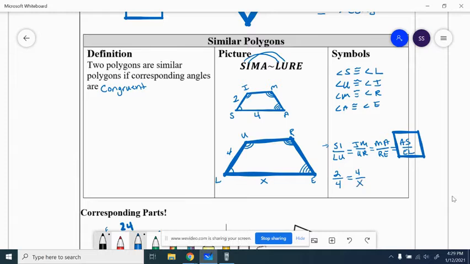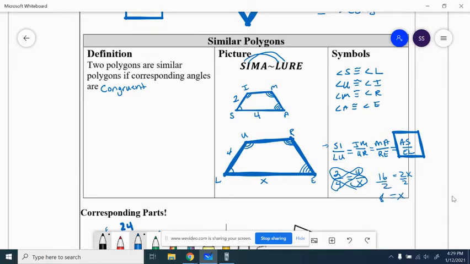So we could put an X there, cross multiply and divide, we get 16 is equal to 2x. Divided by 2, we're left with x is equal to 8.